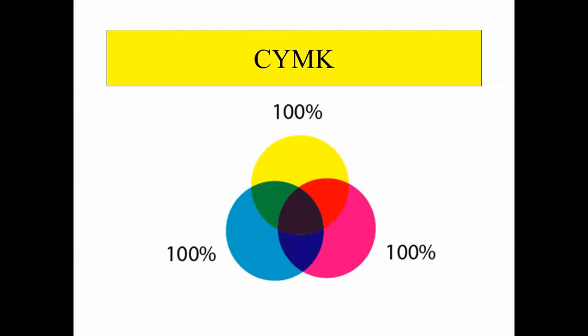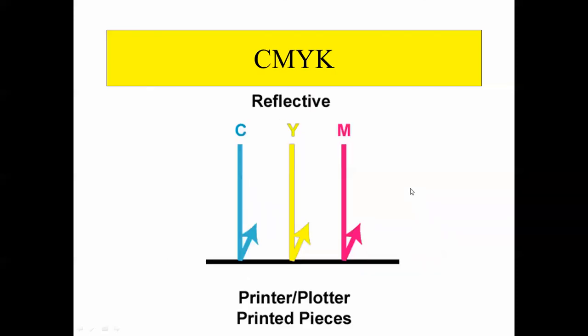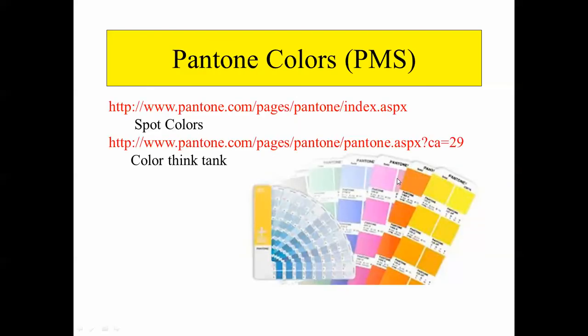So these colors together make red, green, and blue. So that's why we have black, or K. Now, CMYK is reflective, and this is used for printers, plotters, and printed pieces.